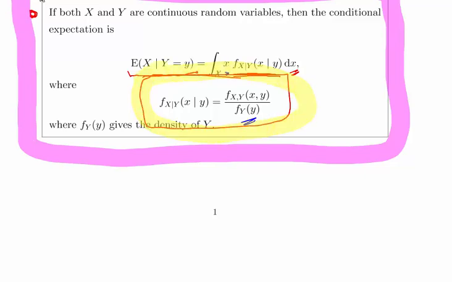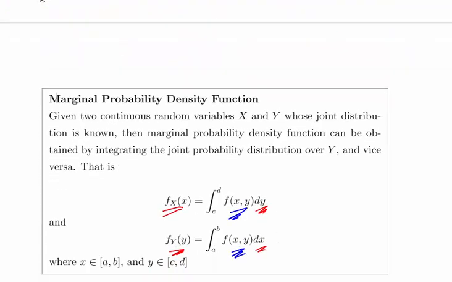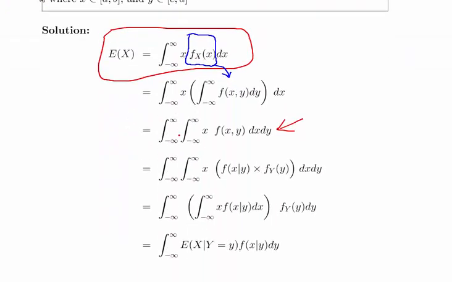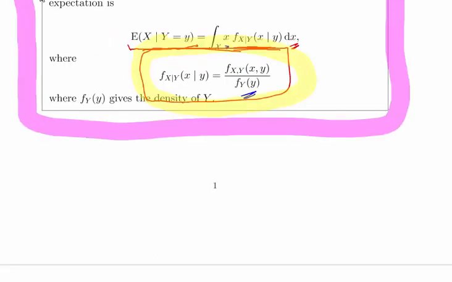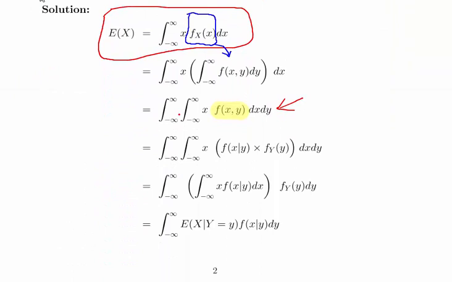I have the joint density function of x and y, and I'm going to express that in terms of the conditional density times the marginal density of y. So that's how I come to this, just re-expressing that fraction. Now, I'm going to reorder things.